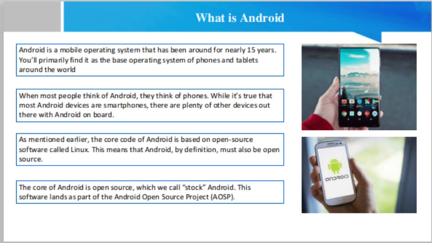Search giant Google owns Android. However, the system is open source, which makes it freely accessible to anyone, even for commercial use. This makes Android very different from Apple's iOS, macOS and Microsoft Windows, which are all closed source platforms.